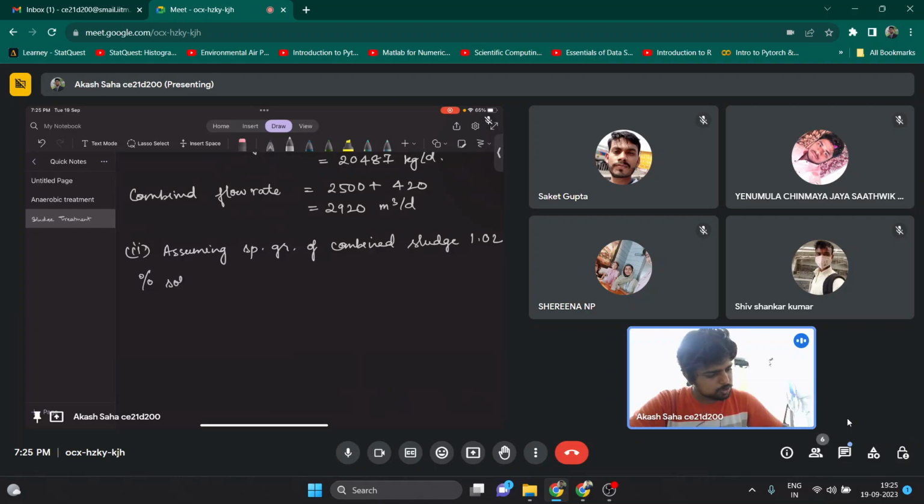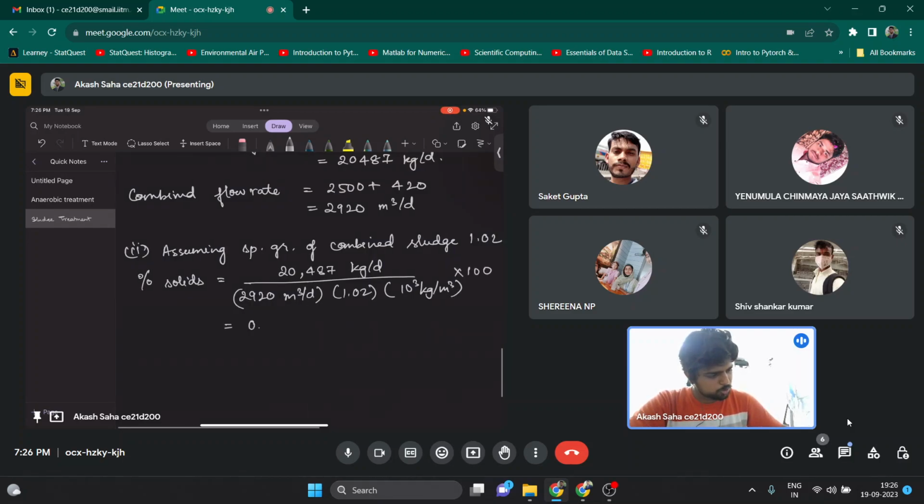So my percentage solids will be equal to my total weight, kg per day, divided by the flow rate, meter cube per day, into 1.02, into, again the same formula we are applying, we are finding the solid content here.